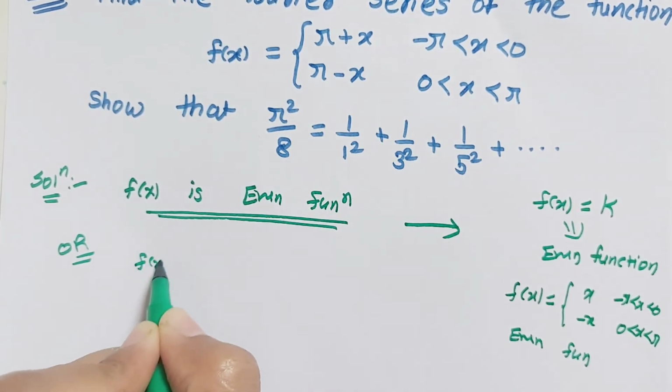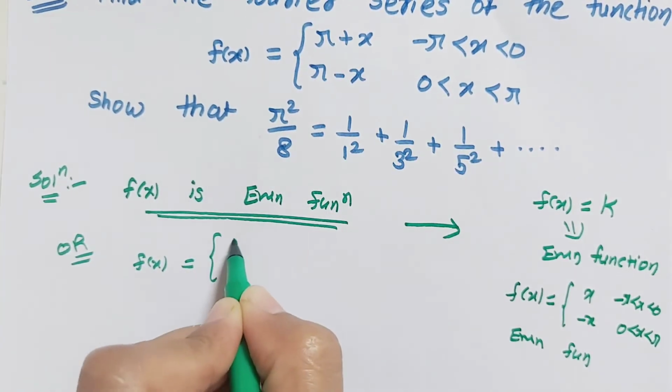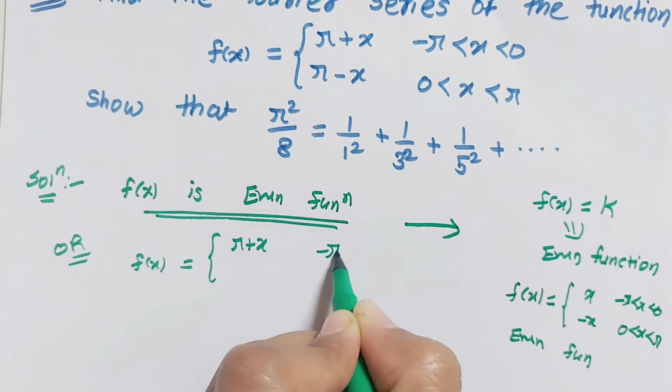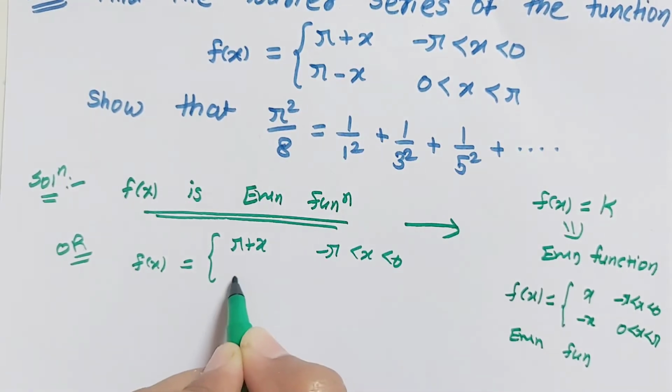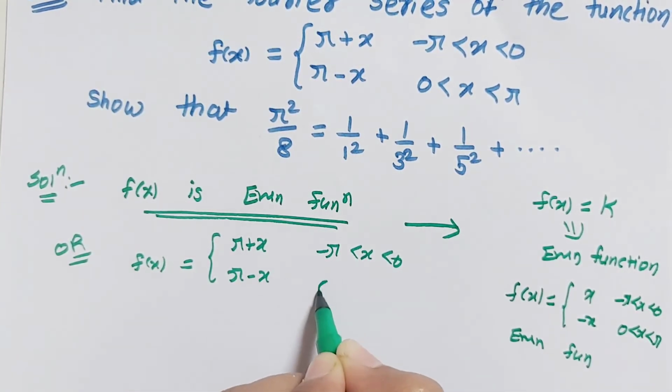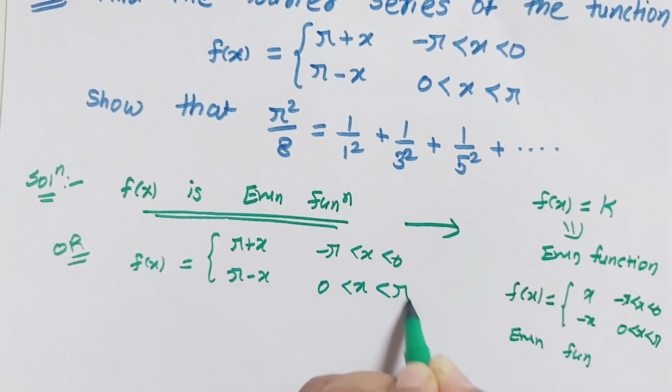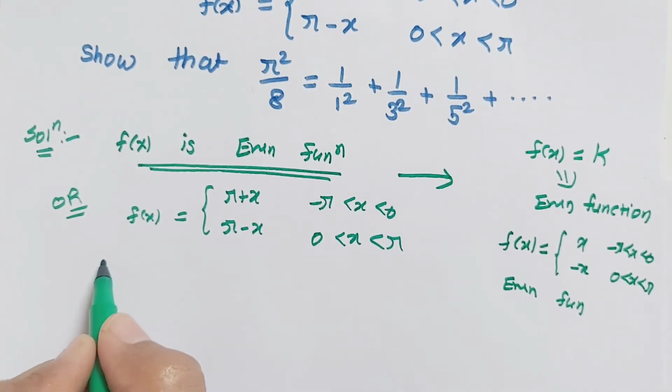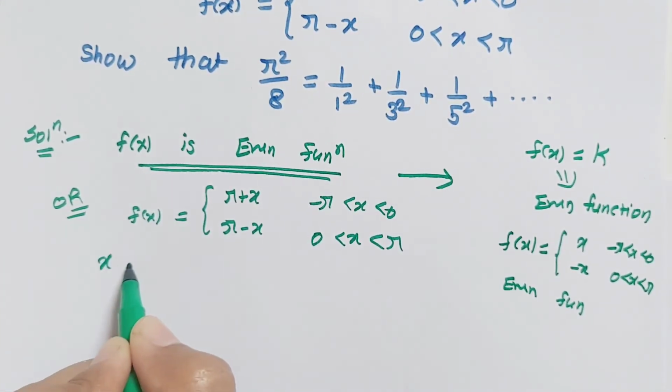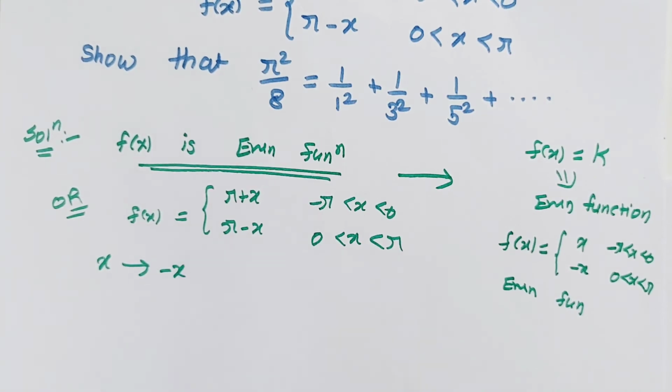Here our actual function f of x is pi plus x in the interval minus pi less than x less than 0, pi minus x in the interval 0 less than x less than pi. And by the definition of an even function, here we have to replace x by minus x.